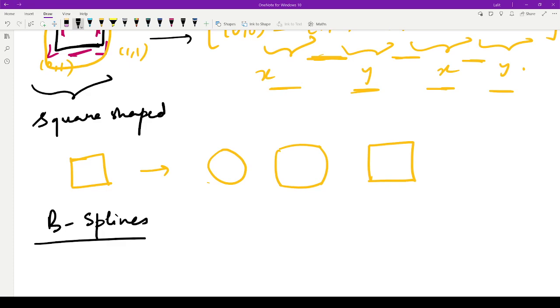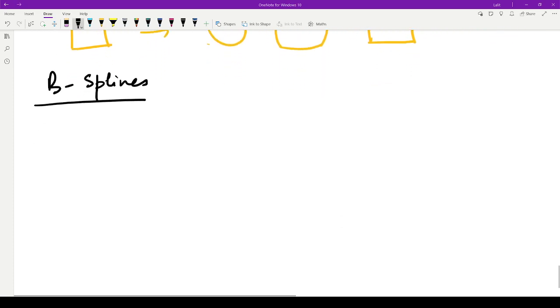But in a computer, you need mathematical descriptions, right? So what are B-splines? If you remember, there were different kinds of B-splines.